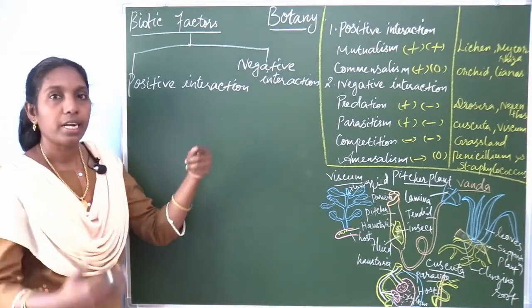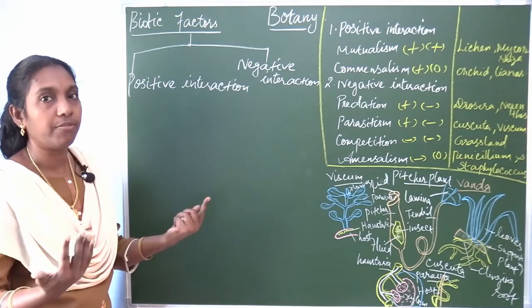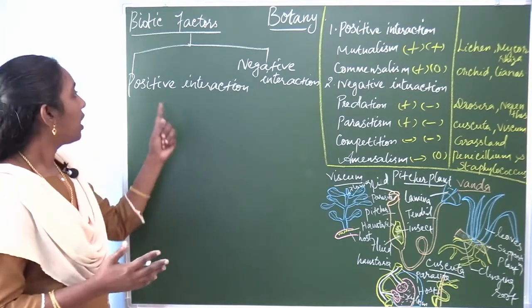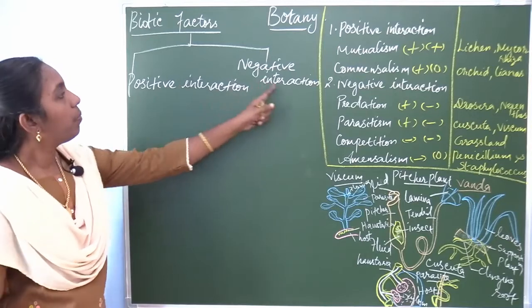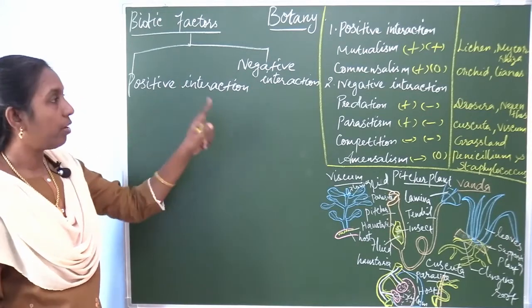In positive interaction, both have a symbiotic relationship, both are benefited, and there is no harm at all. Depending upon this positive and negative interaction, these are again classified into different types.